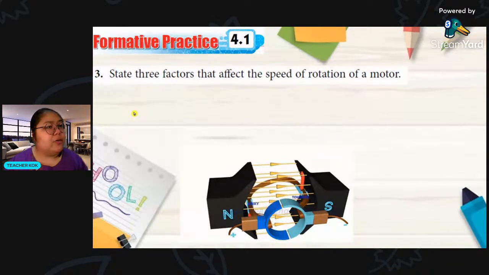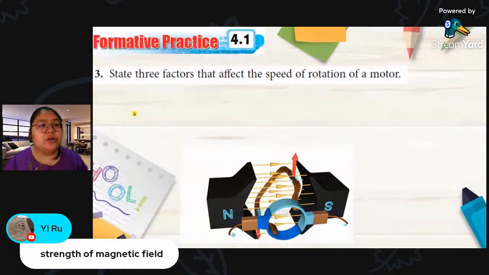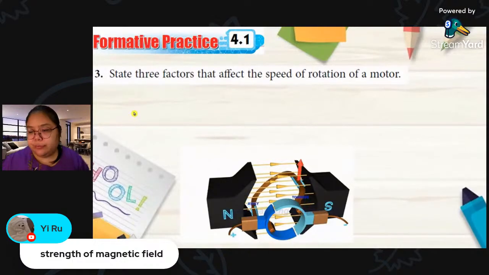Okay, we have 24 watching now. What's the following answer? Just type there. Okay, hold on. Stronger magnet. Yeah, stronger magnet means the strength of the magnet increases. Strength of the magnetic field, correct, from Yiru. Okay, number three, the last one.